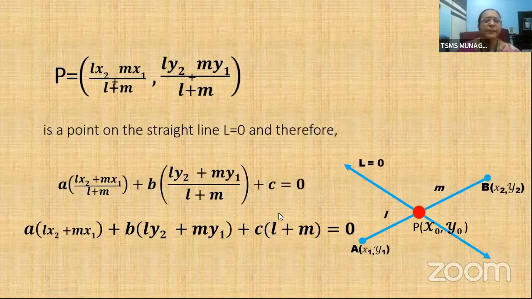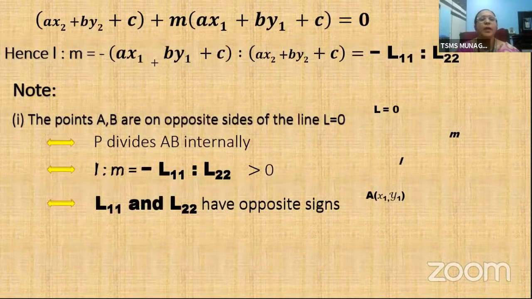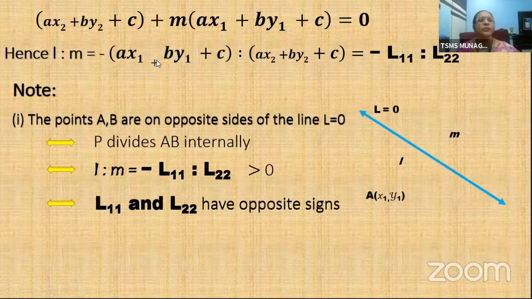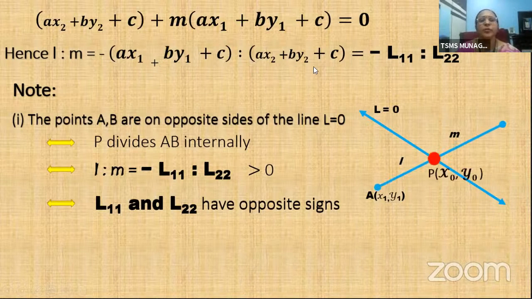Now, taking L plus M as the LCM throughout, you will get A(Lx2 plus Mx1) plus B(Ly2 plus My1) plus C(L plus M) equal to 0. Now, if I take L and M common, I would get L is to M ratio as minus (AX1 plus BY1 plus C) is to (AX2 plus BY2 plus C), which is nothing but minus L11 is to L22 as per our notation.